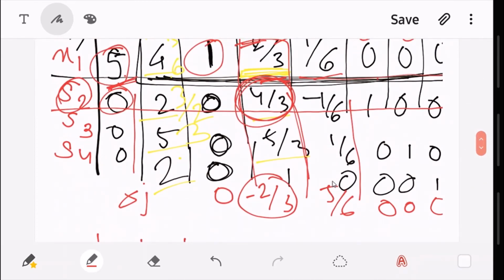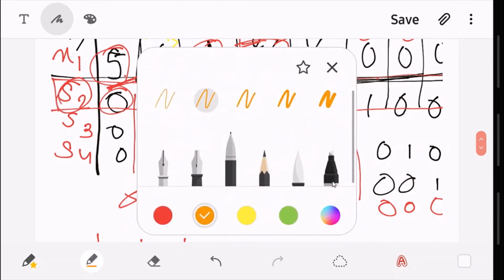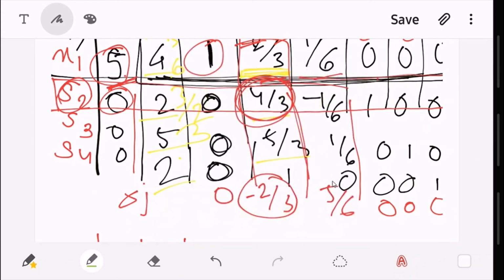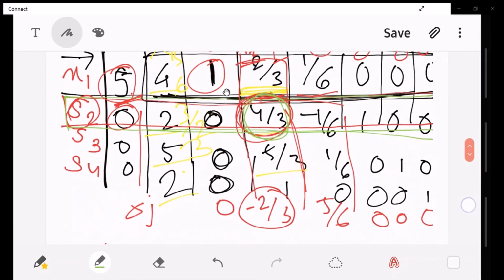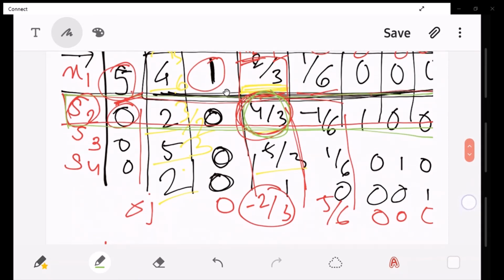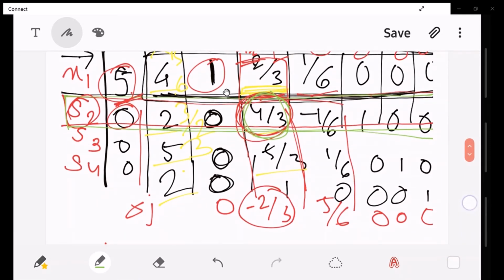So this is for the pivot row divided by the pivot element. 2 by 4 by 3 is 3 by 2.